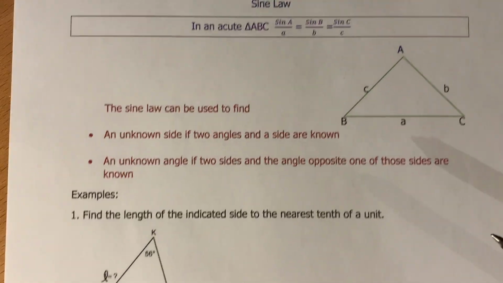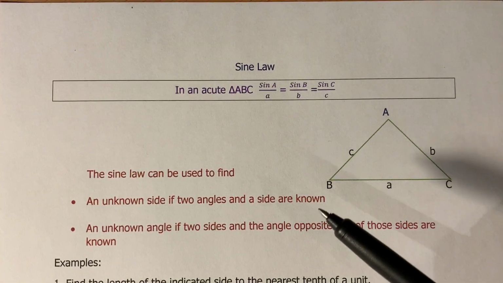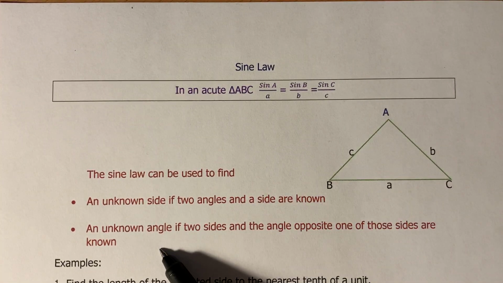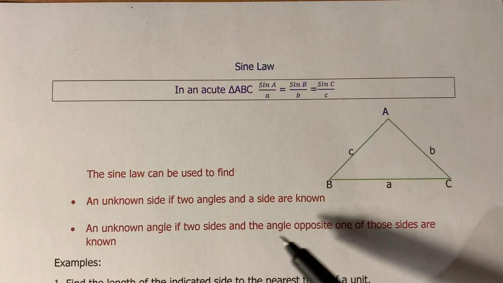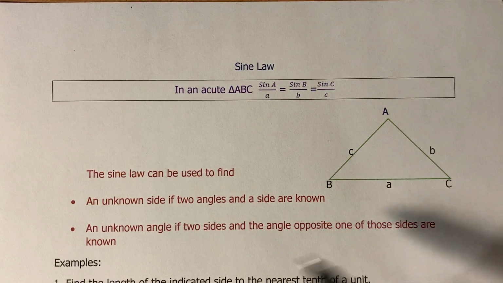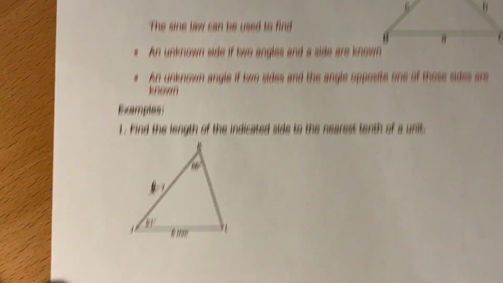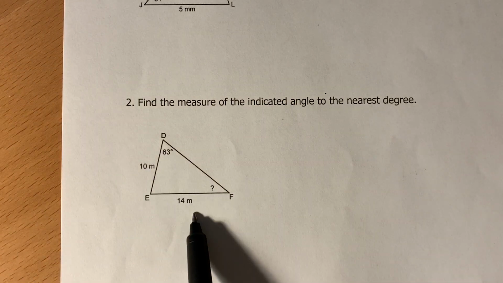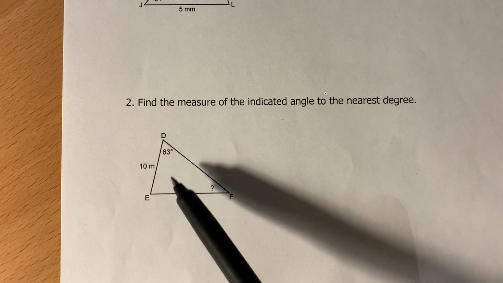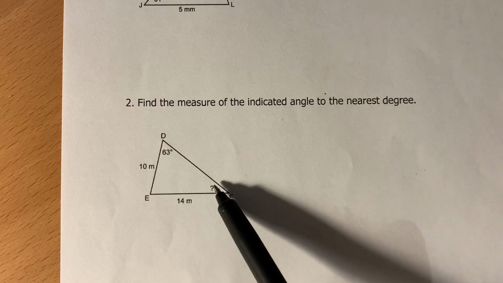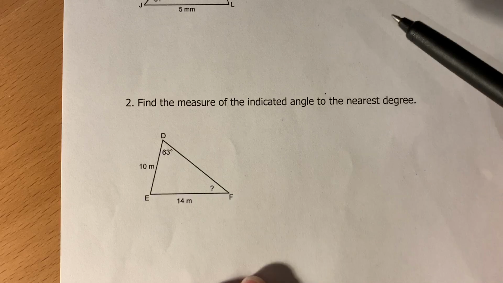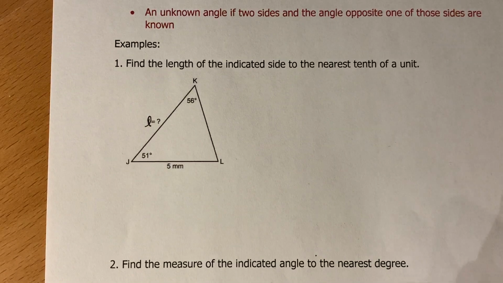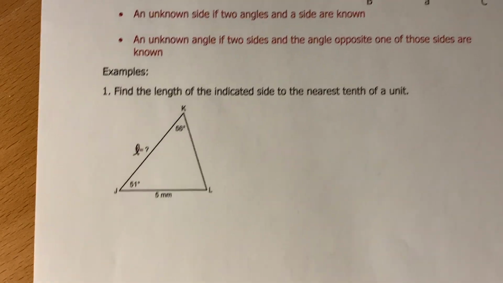Or you use the sine law if you're looking for an angle, and two sides and an angle opposite one of those sides is known. So something like this. You've got two sides and an angle opposite one of the sides is known, and we're looking for an angle. So these are the two situations where you would use the sine law.